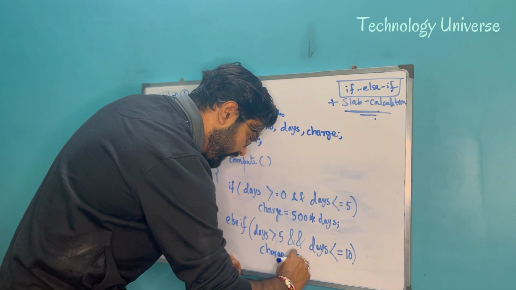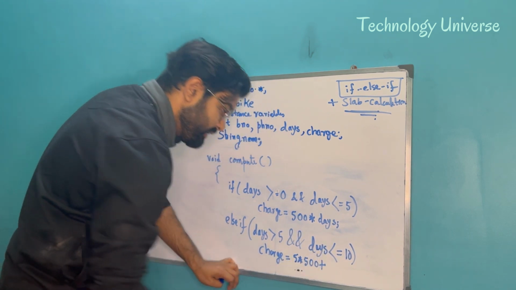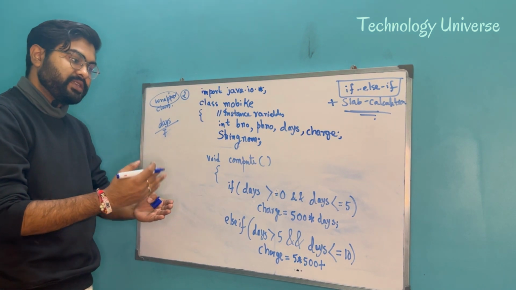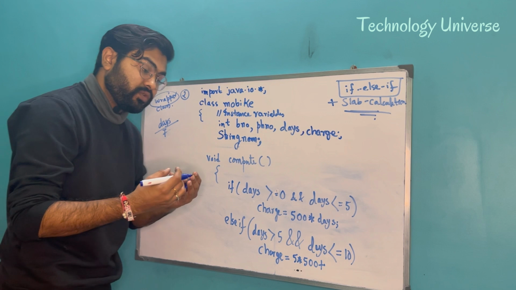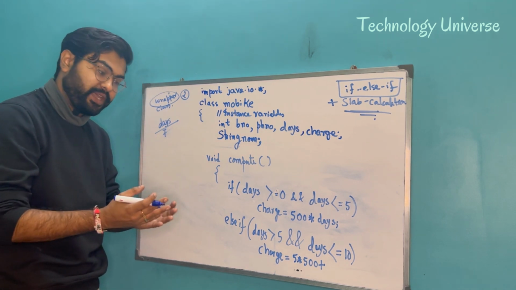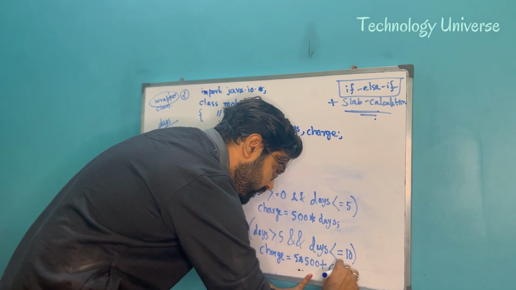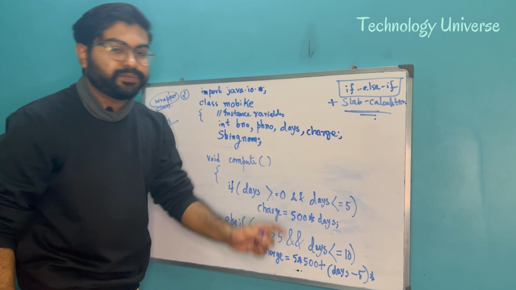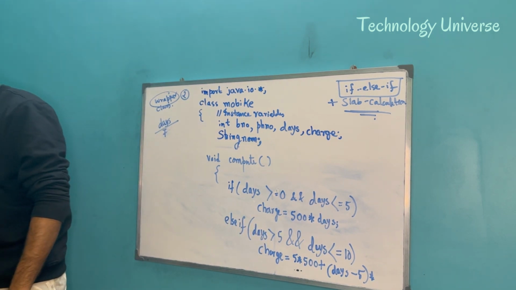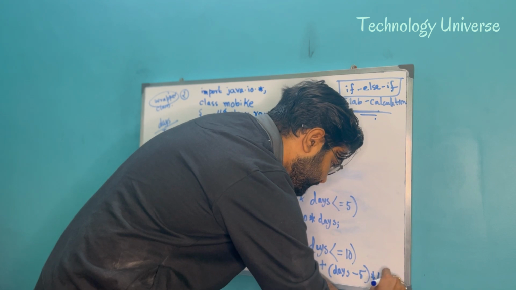So for the first 5 days it would be 5 into 500 plus, now my number of days is above 5, so I have to find how much number of days is above 5. For that I have to subtract 5 from the days and multiply with the next rate that is specified in the next slab, that is 400 per day. So into 400.